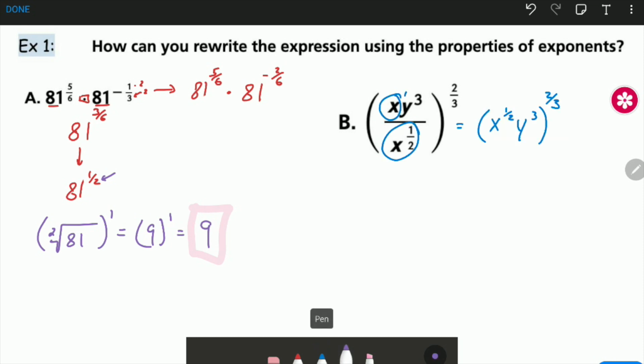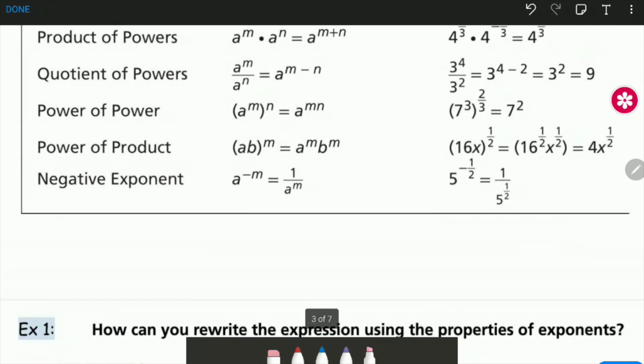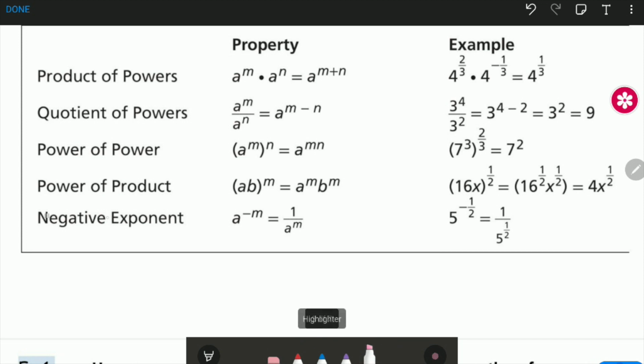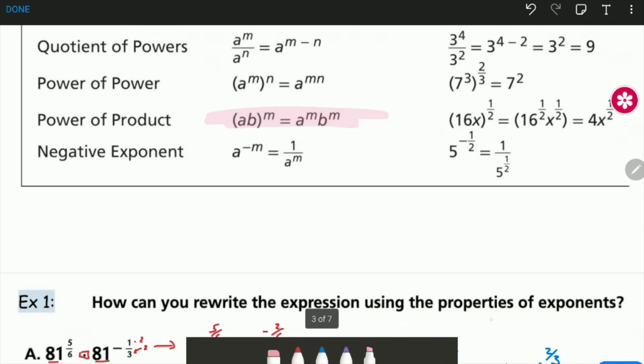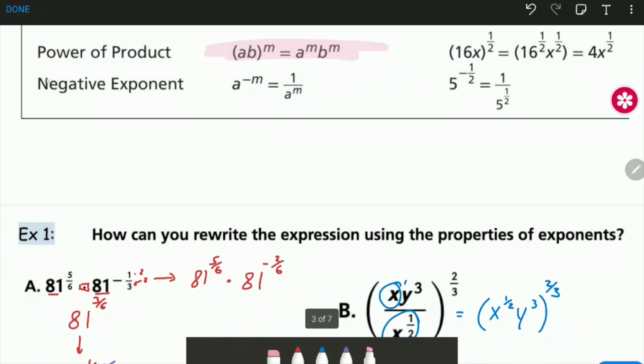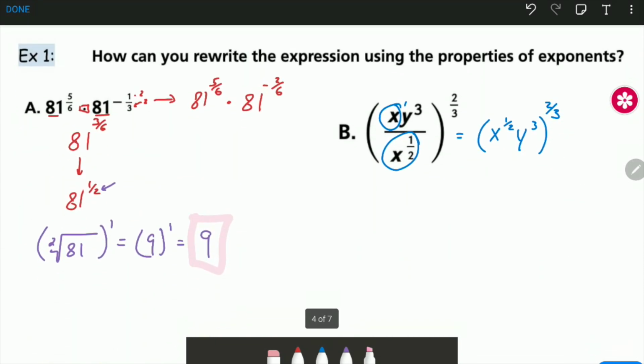The next property that we're going to use, since we can't combine anything else in the parentheses, is the power, let's see, I forgot all the names. I don't use the names too often. The product of powers, that's the one we have to use next, because we have multiple things connected by multiplication on the inside of the parentheses. So we're going to distribute that exponent on the outside to each of the things inside.